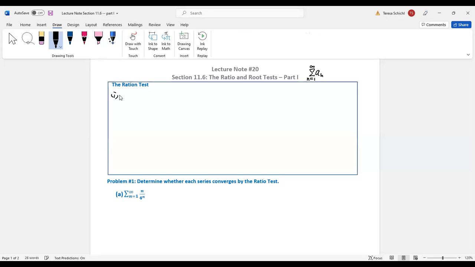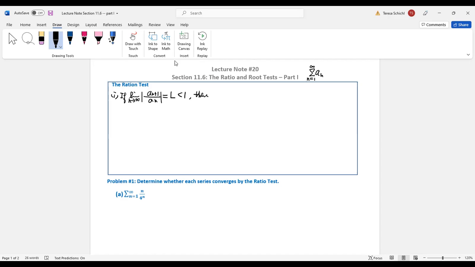The first is: if the limit as n approaches infinity of |a_(n+1) over a_n| equals L, and L is less than 1, you can see a_n is kind of smaller than a_(n+1), so it's a decreasing sequence.